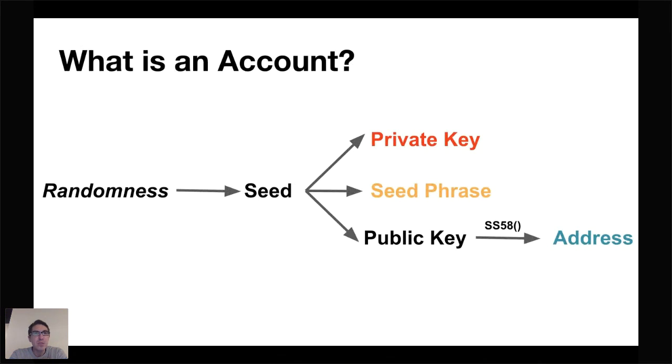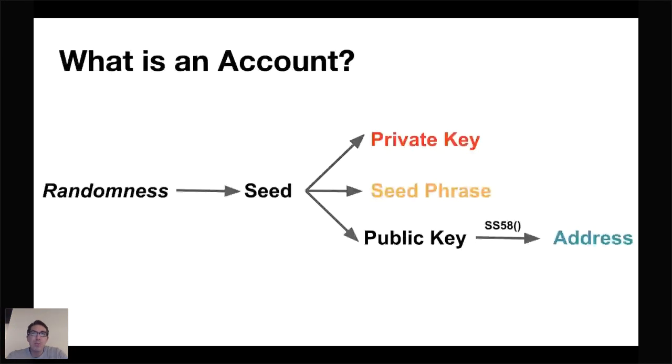Unless you use subkey or you're very into the code, you'll probably never see this seed. What you're going to see is a seed phrase, which is just an English language interpretation of that seed. You can almost think of it as a base 2048 number, where each word indicates some particular super digit. And you'll see the public key, which is part of the address.